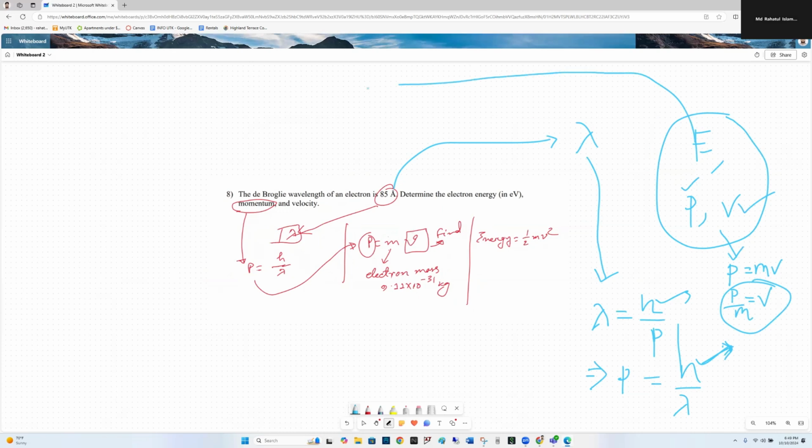Then we have to calculate the value of E. We know the formula of energy, or E, which is half of mv squared in this case. So we know m, the mass of electron, which is 9.11 into 10 to the power minus 31 kg, and we have already calculated the v from the second part of this calculation, and then we will get the value of E. Okay, let's move to the next problem.